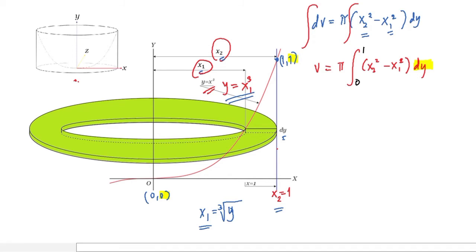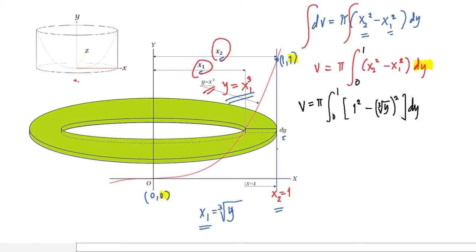Now, substituting that in our equation, we have here our volume is equal to pi, integral from 0 to 1. Yung x sub 2 natin, that is 1. So, we have here 1 square minus yung x sub 1 natin, that's cube root of y squared. And this is dy.